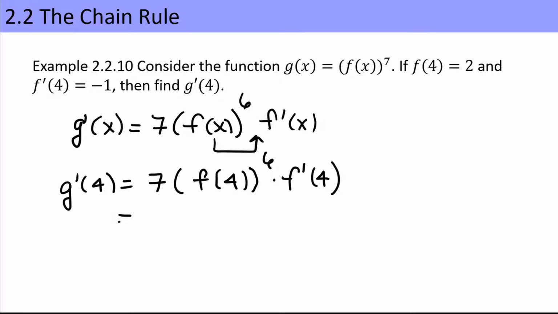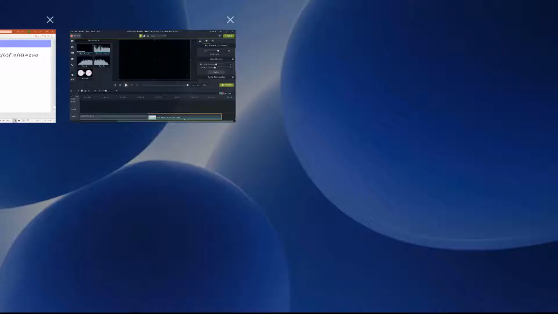Let's make the substitutions. 7 times f of 4 is given as 2 to the 6th times f prime at 4 is negative 1. So let's multiply. We got 7 times 2 to the 6th times negative 1. That'll be negative 448.